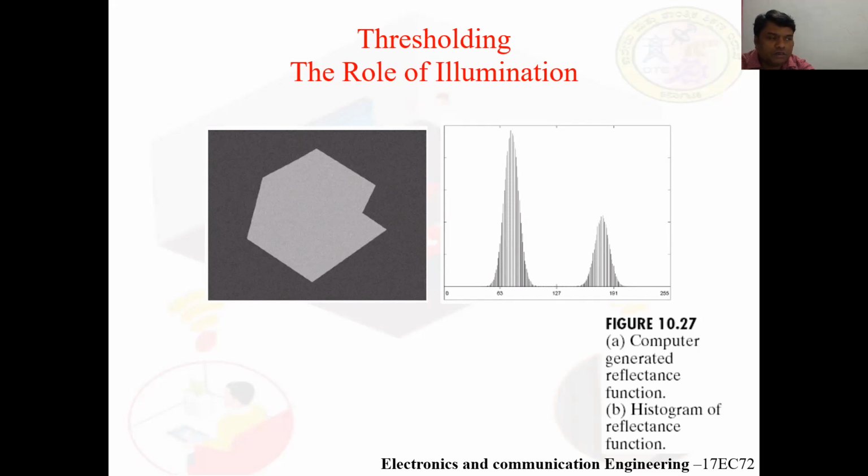pi is greater than or equal to 0. We can select the threshold T(k) equal to k, where k is between 0 and L minus 1. We use this threshold to threshold the input image into two classes C1 and C2, where C1 has pixels with intensity values in the range 0 to k and C2 has pixel values in the range k plus 1 to L minus 1.